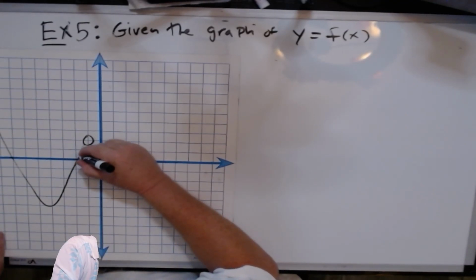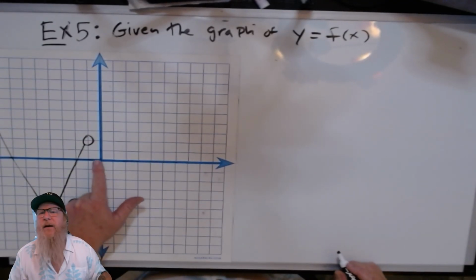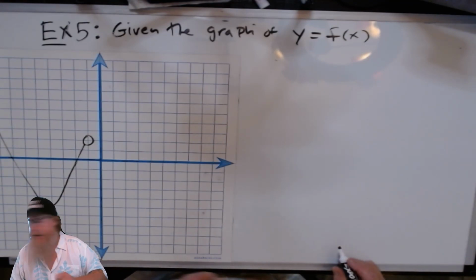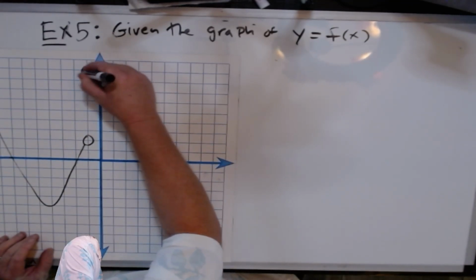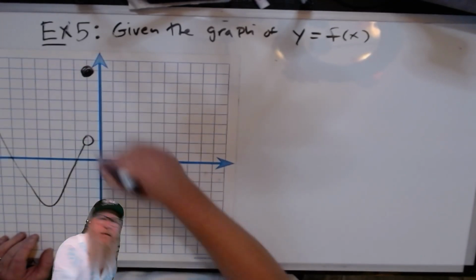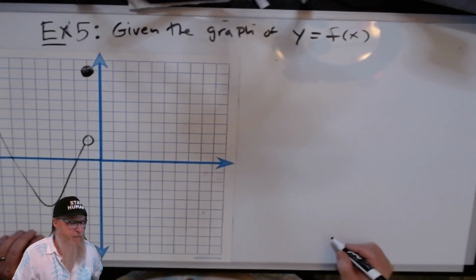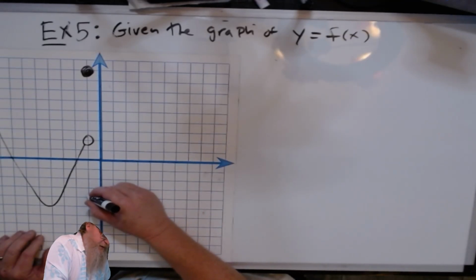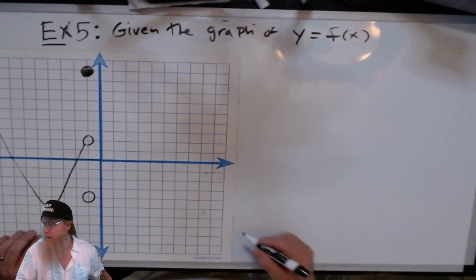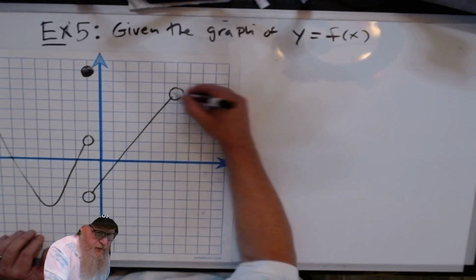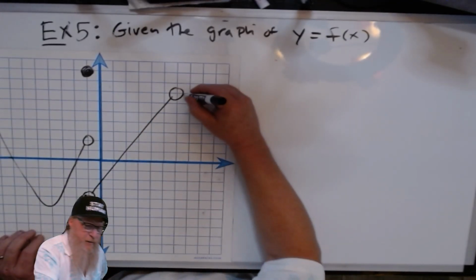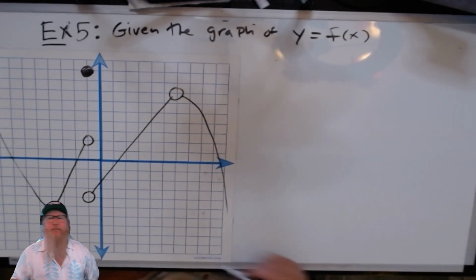Let me try to draw that better. It's got a hole here. Then it has a dot, sort of way up here. All right, and then it's got another hole down here. And then it goes up to another hole, and then it turns around like that.